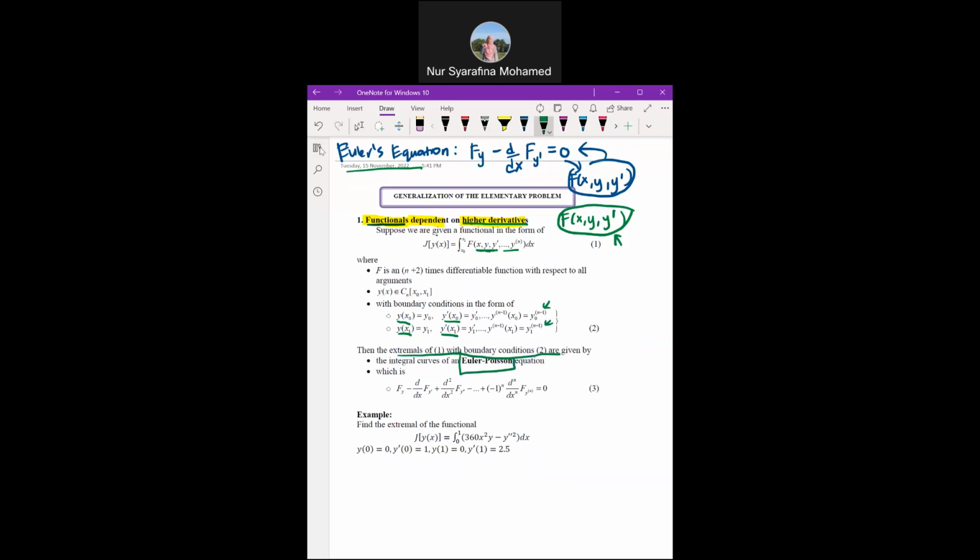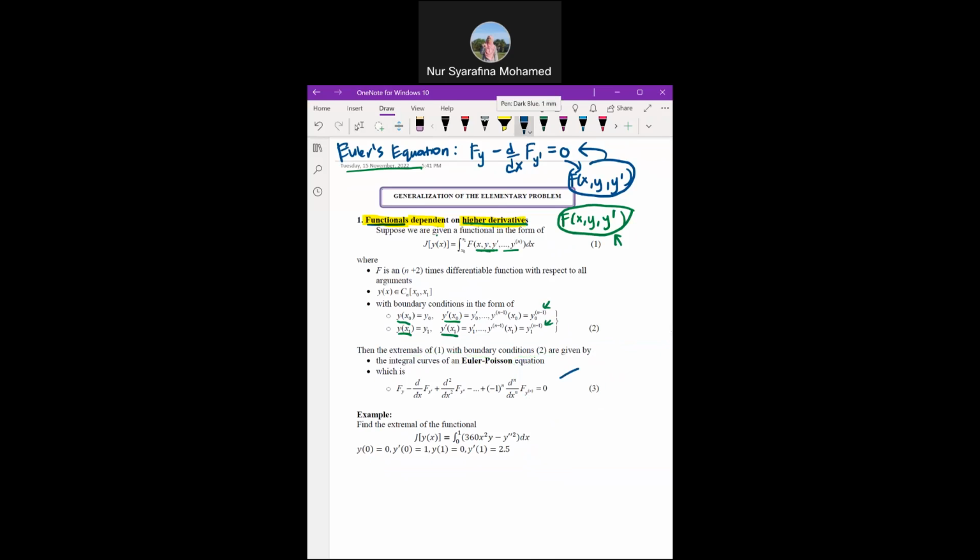This Euler-Poisson equation comes from the Euler equation, where we derive the first variation from the increment. So it is the same process, but now in this Euler-Poisson equation we have up to the derivative of nth order.